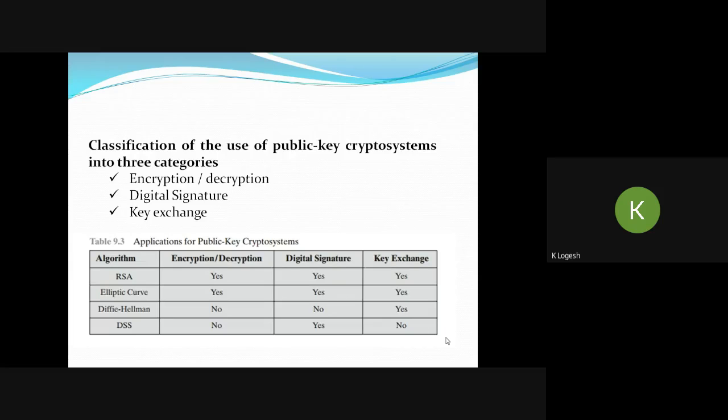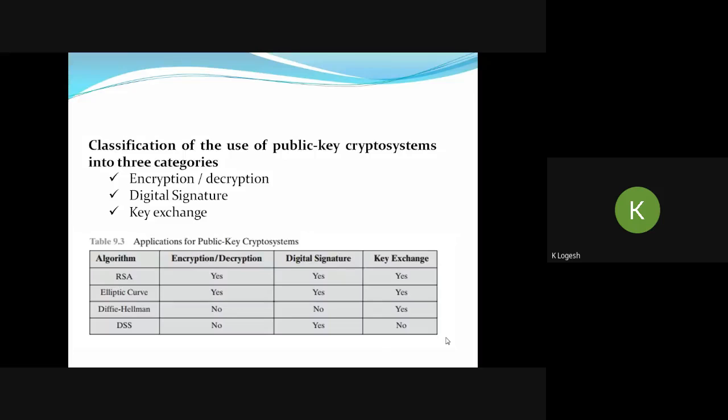Next, there will be a table of applications of public key crypto system. Actually, this public key crypto system is implemented in 4 different algorithms as per our syllabus. Apart from these 4, many other algorithms are also implemented based on public key crypto system, but as per our syllabus, we will discuss these 4 in upcoming chapters.